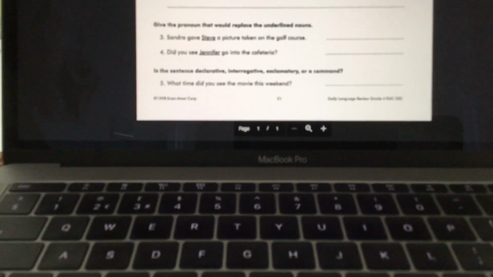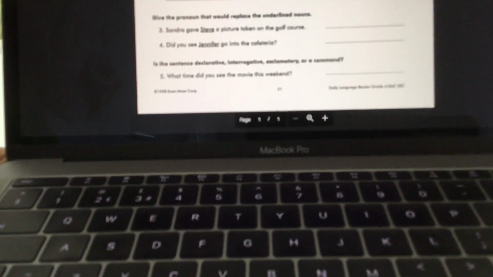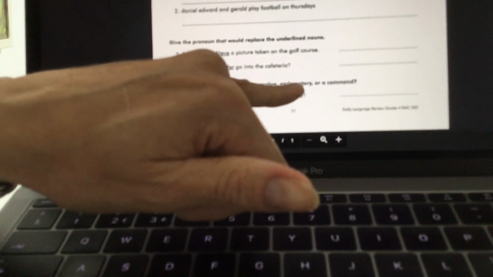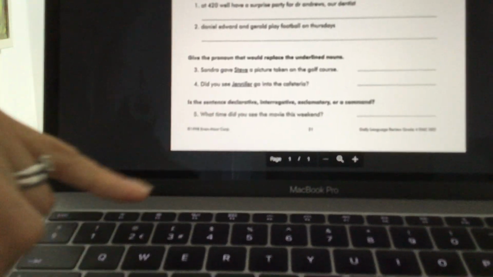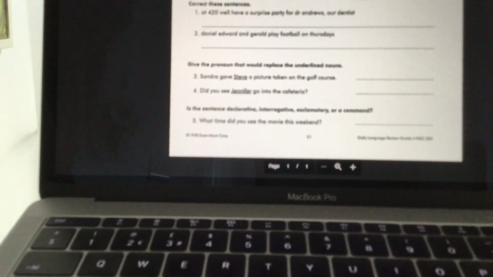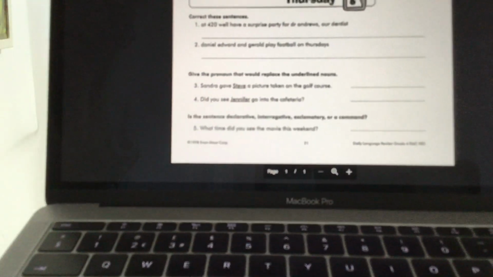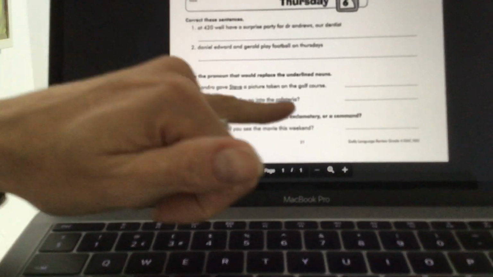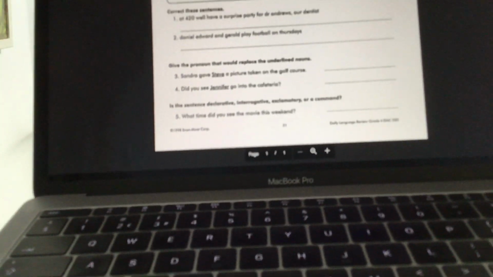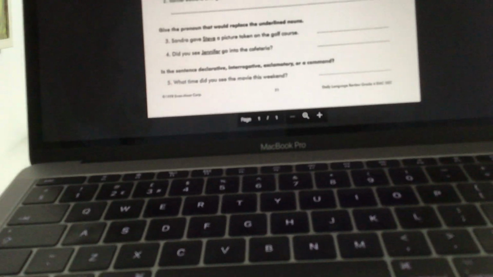for number 3. In the last one, number 5, is it declarative, interrogative, exclamatory, or command? So a declarative one would tell you something. An interrogative one would ask you, interrogate. An exclamatory one would be one that you'd be exclaiming, so emotional, or a command would be ordering.